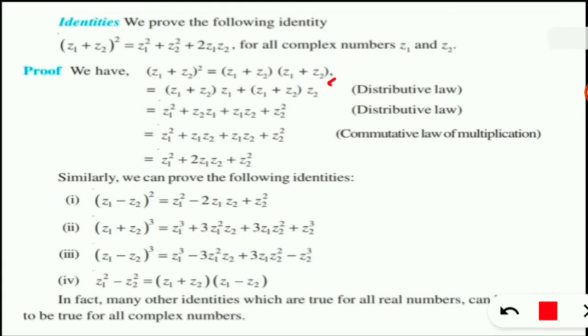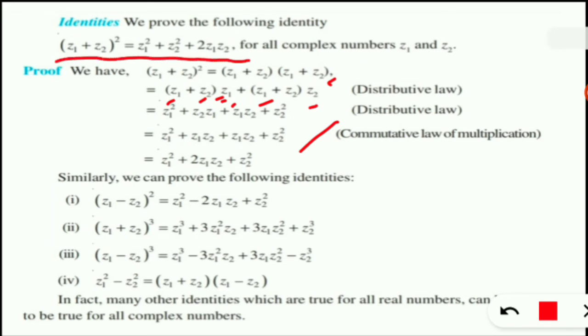After that, z1 into z1 means z1 square, next z2 into z1, again z1 into z2, and the last one z2 into z2 means z2 square. So z1 square plus z1 z2 plus z1 z2 plus z2 square, so z1 square plus 2 z1 z2 plus z2 square. So (z1 plus z2) whole square equals z1 square plus z2 square plus 2 z1 z2 for all complex numbers z1 and z2. But proof is not required, simply remember this result. Okay, clear?